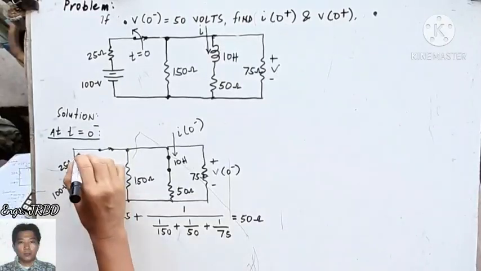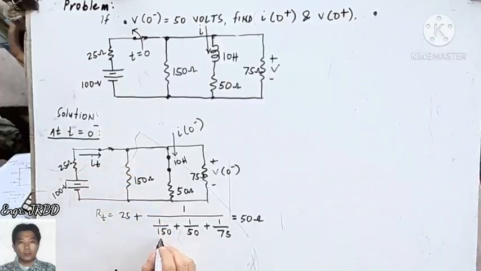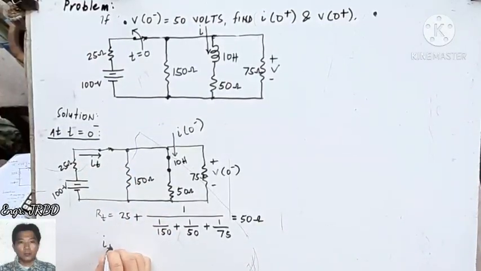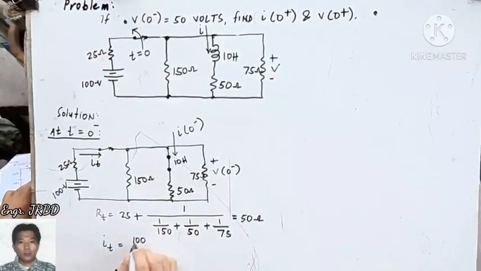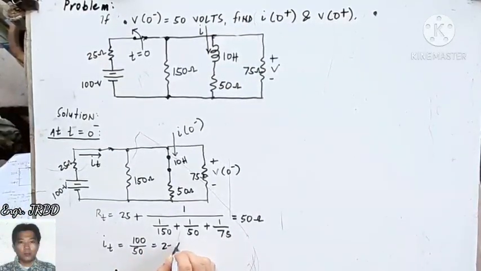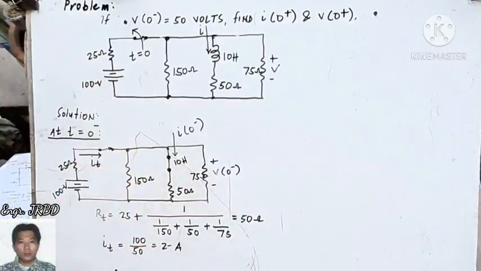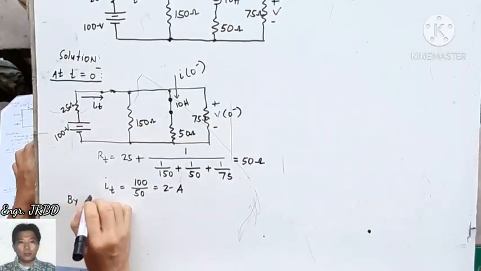So we can have here the total current. Total current is 100 over 50, which is 2 amperes, and we can determine the value of I before the switch is open by applying the current divider rule.